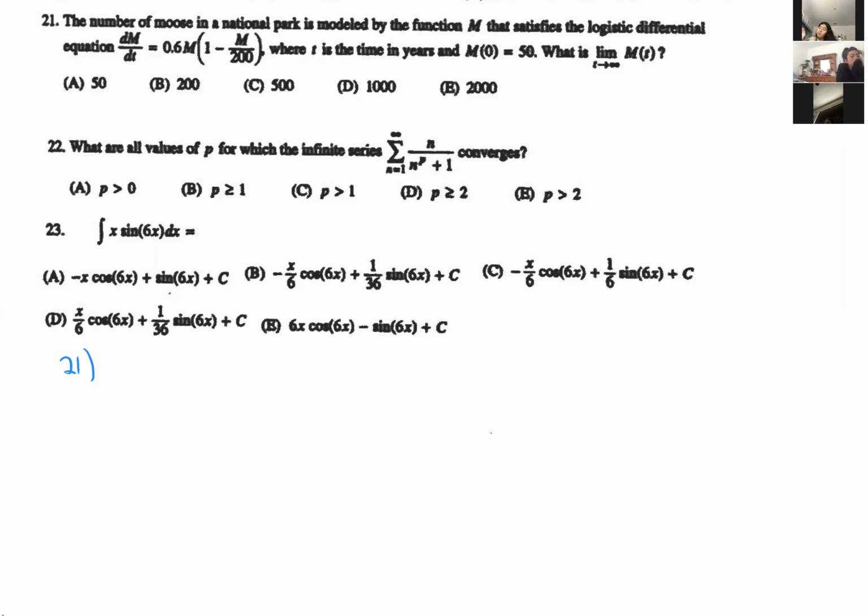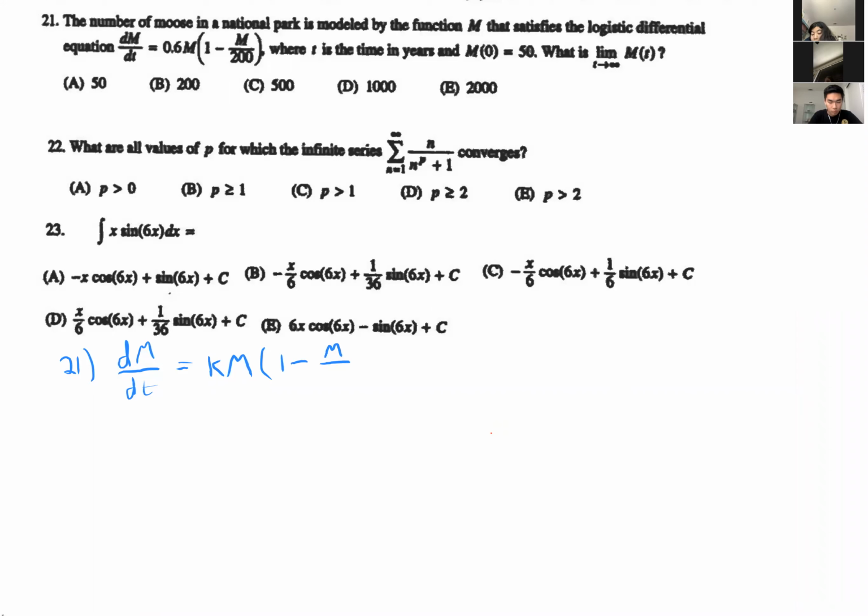So the moose, we have 21 dm over dt. The formula I'm going to use here is dm over dt is going to equal, it's proportional to something, that's why it's k times m times 1 minus m over, what did I call the carrying capacity earlier in the year?